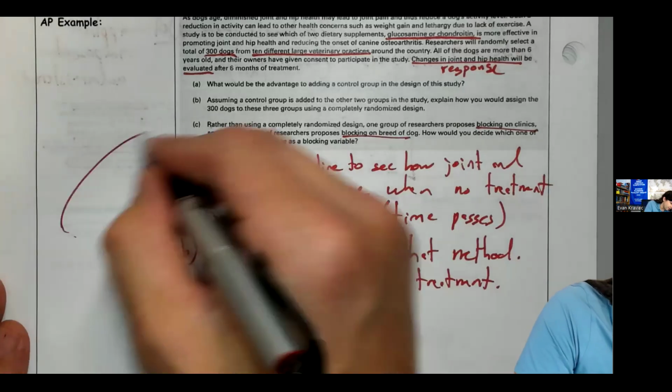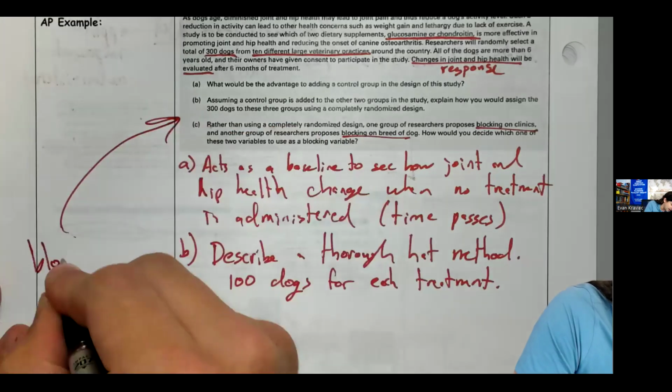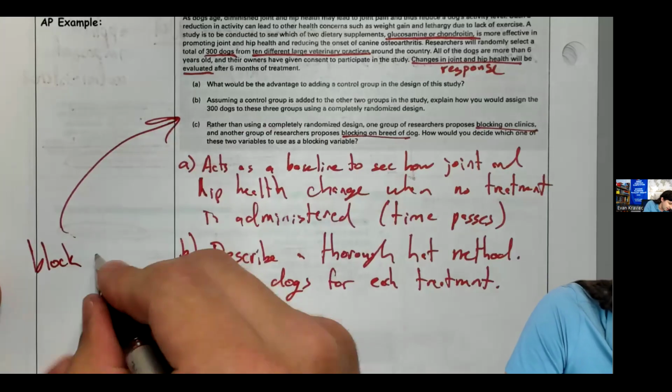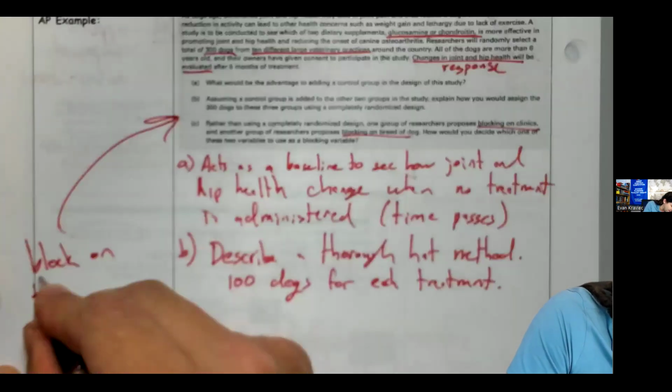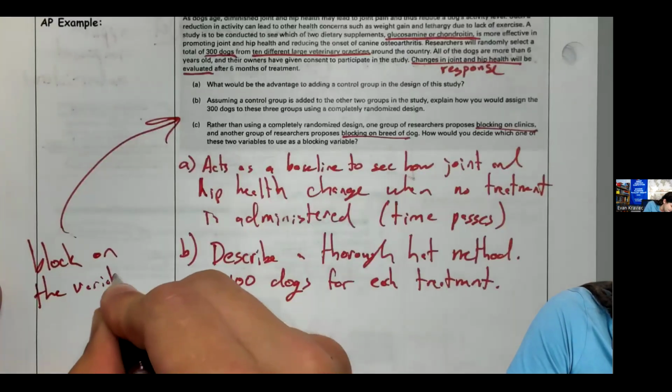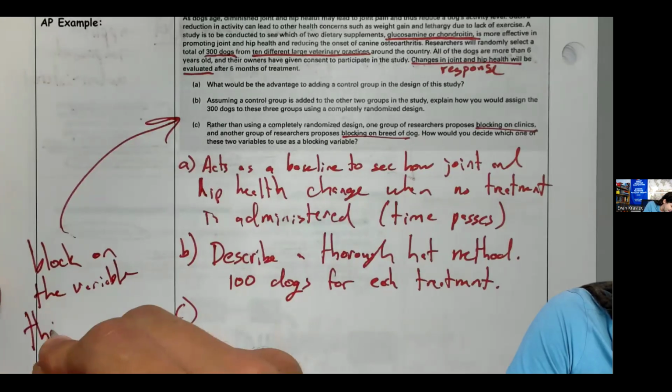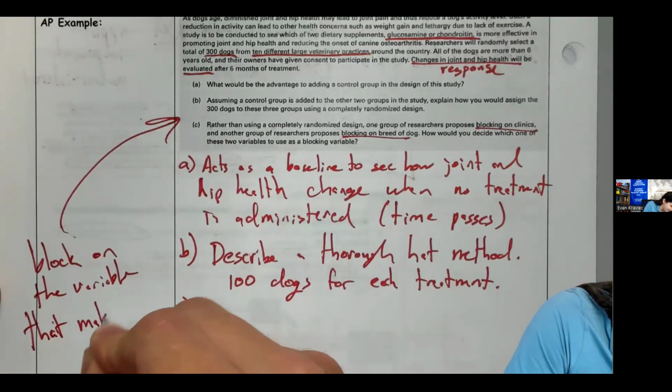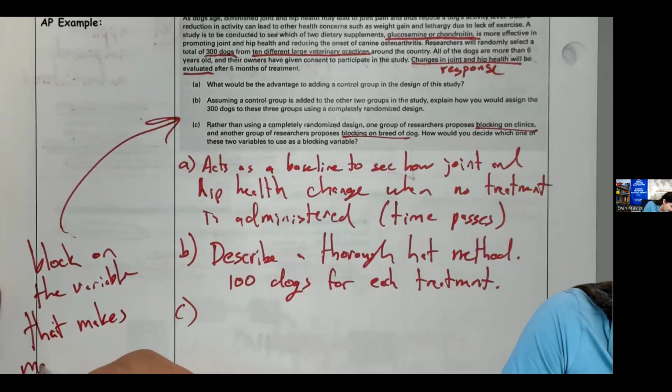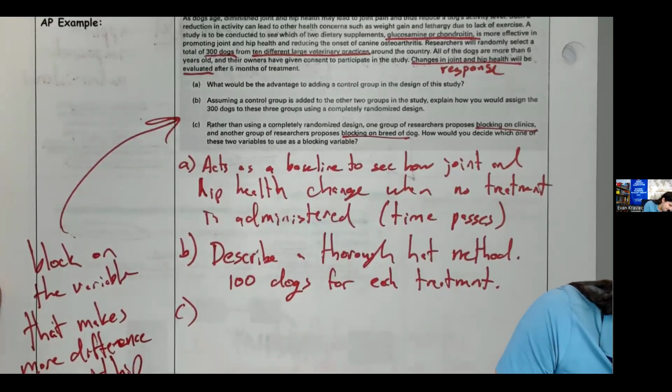Well, for part C, block, just as you did with stratification, on the variable that makes a bigger difference in joint and hip health.